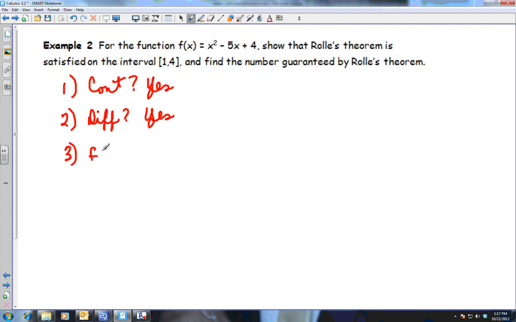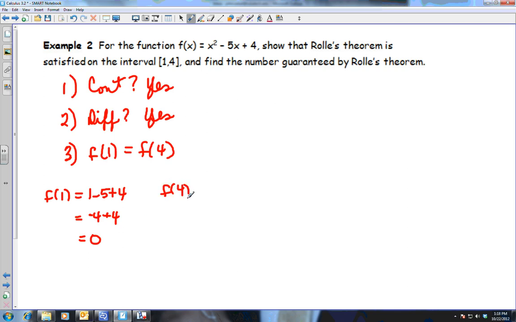Does f of 1 equal f of 4? Well, I'm going to have to plug these numbers in and see. So when I plug 1 in, I get 1 minus 5 plus 4, which gives me 0. And it won't always equal 0. It just so happens in examples 1 and 2, it did.